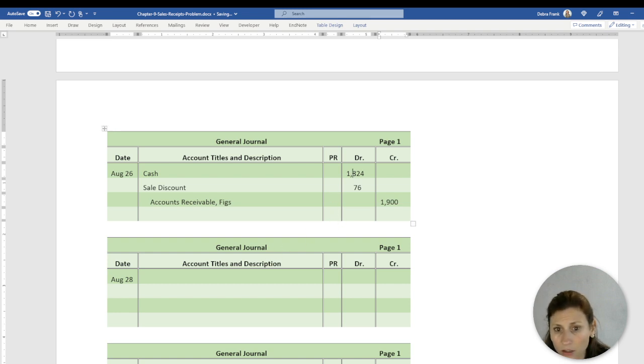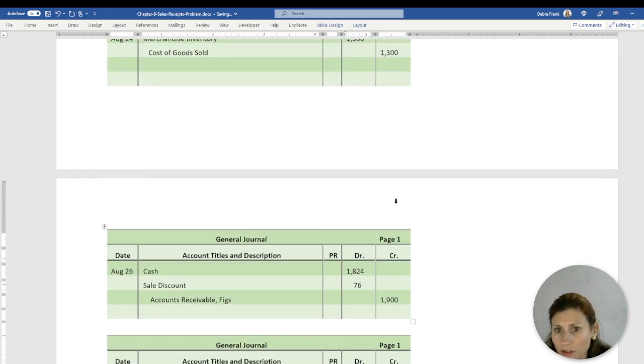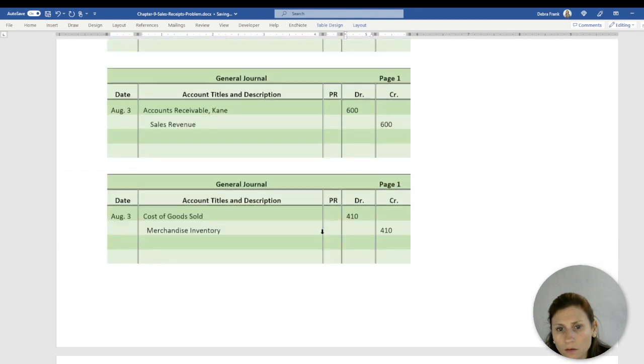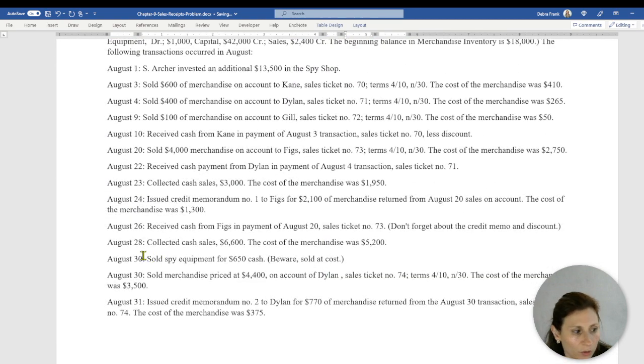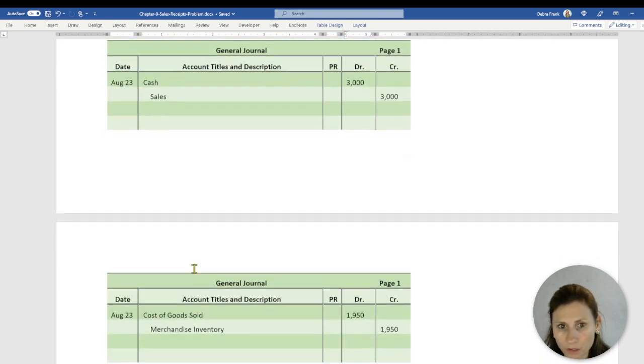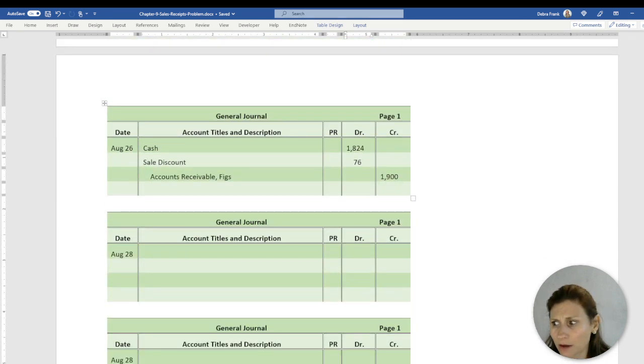Let's keep moving along. So now we have an August 28th. We're almost there. August 28th, it says collected cash sales, 6,600, cost of merchandise, 5,200. Nice, easy transaction, right? Very similar to the 23rd. We can do that. So no accounts receivable to worry about, but we do have to do that two-parter.